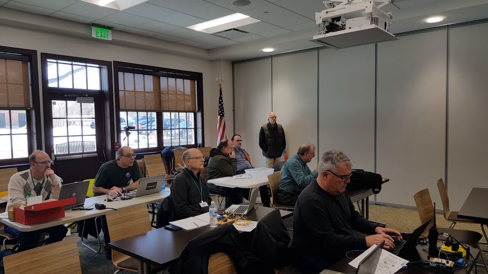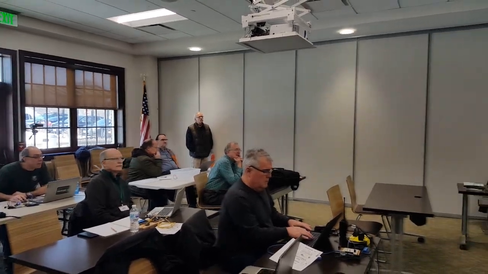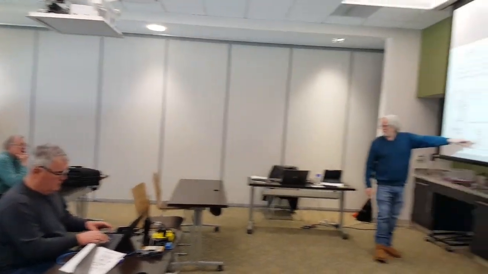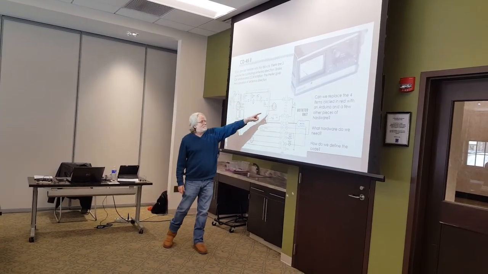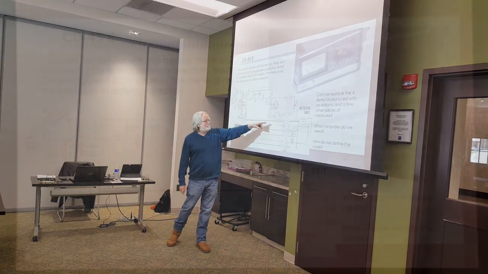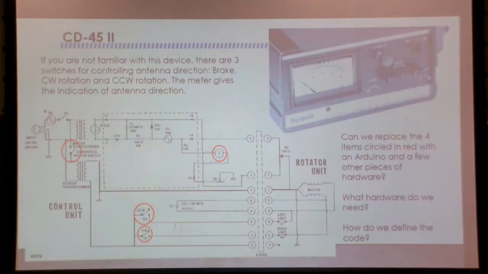Because this would require a relay for each of these 3 switches, or for prototyping an LED, and then the meter is actually the pot on your board, this pot here.